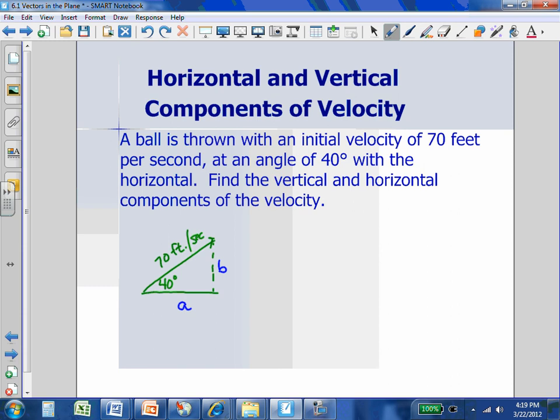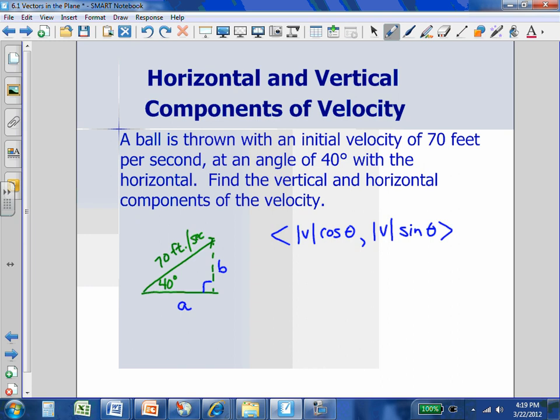Well, you can look at it from a right triangle standpoint. That will always see you through. Since we're dealing with a horizontal and vertical, they're going to be perpendicular to each other, which means we're dealing with a right triangle. But we can also look at it in terms of vectors. Remember that we can write the vector as the magnitude of v times the cosine of theta for the first component, and the second component is the magnitude times the sine of the angle.